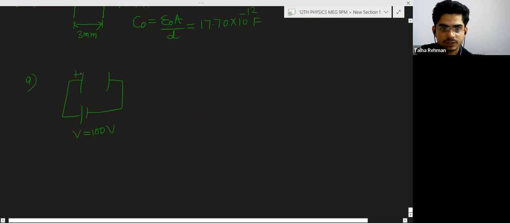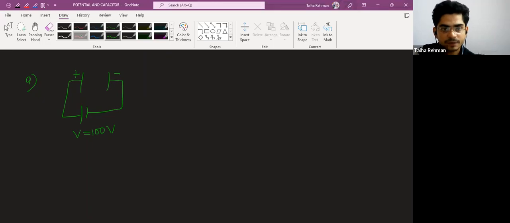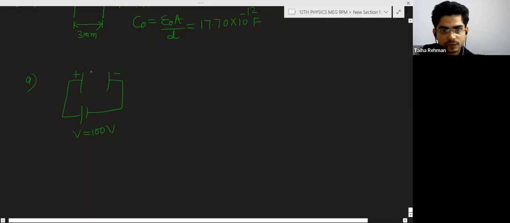And this is the positively charged plate and this is the negatively charged plate. And in between the plates, mica is fully filled. You can see.